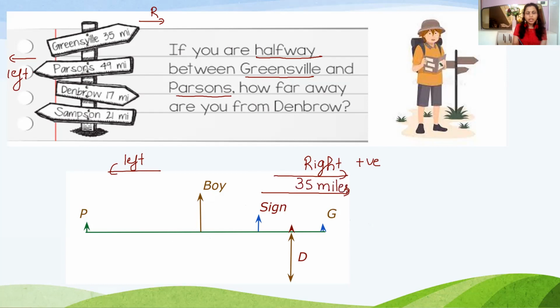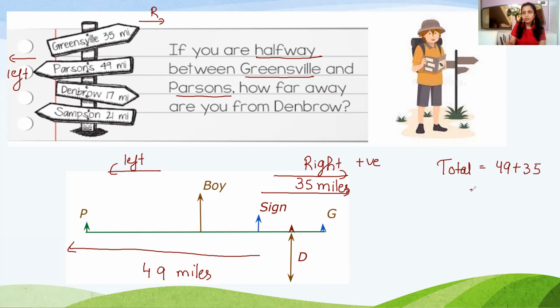And Parsons is how much? 49 miles. So can we consider the total distance is 49 plus 35 because both are opposite of each other? So this gives you 84 miles, and if you are halfway, this distance is 42 miles.